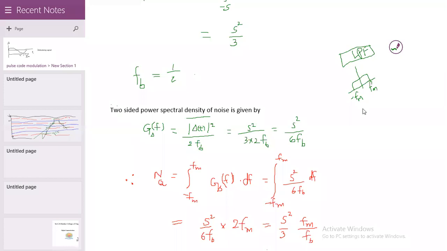So you have estimated the noise signal only within the tau duration.